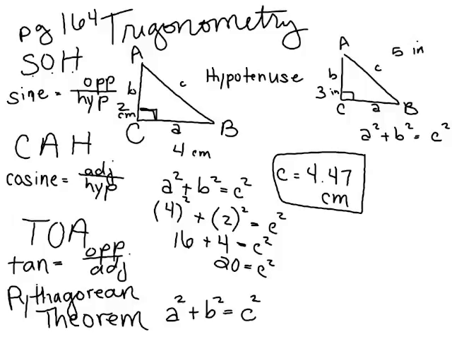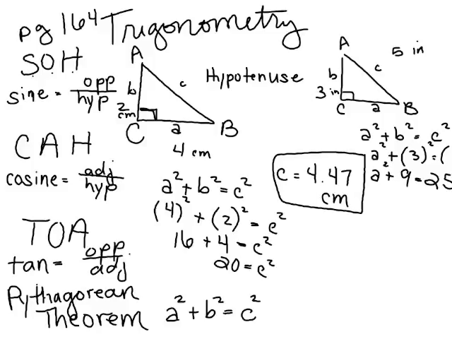I don't know A, so that's going to carry down. B is 3, and then C is 5. So I'll have A squared plus 9 equals 25. Okay. So A squared plus B squared equals C squared.